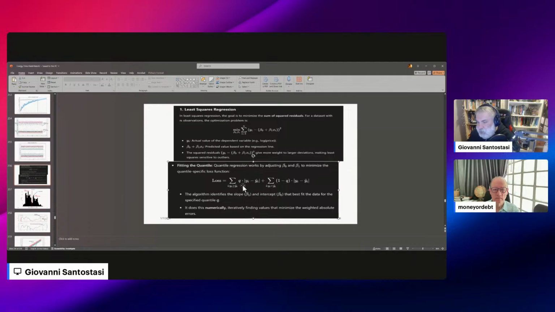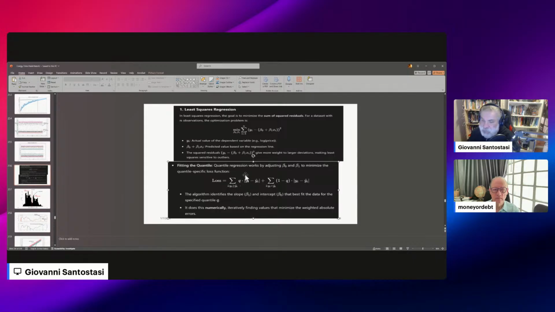So the data, if it is below or above a quantile, is weighted differently. In this case the data points are above your model, and the model is supposed to represent the data at that quantile level.